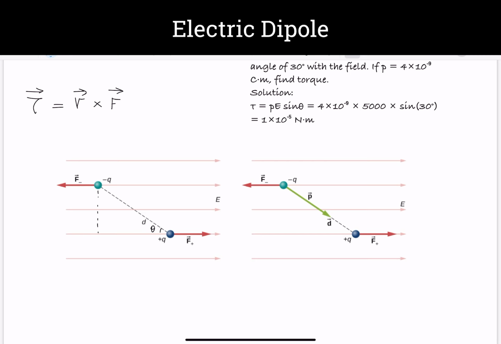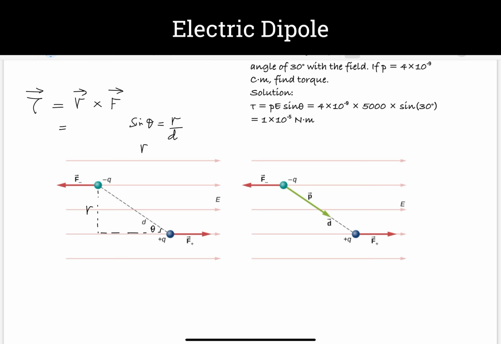So to calculate the torque, if d is the distance, from this right angle triangle, you know that sine theta is opposite over hypotenuse. So this distance, which we call r, sine theta is r over d.